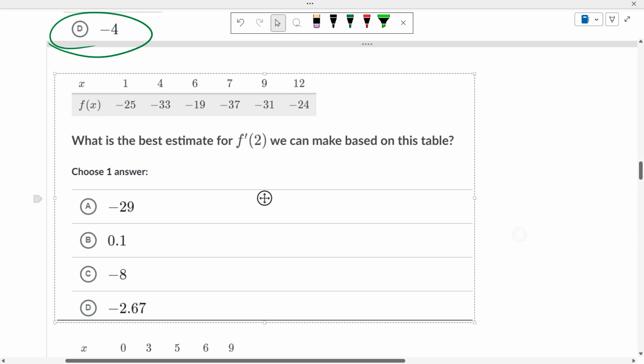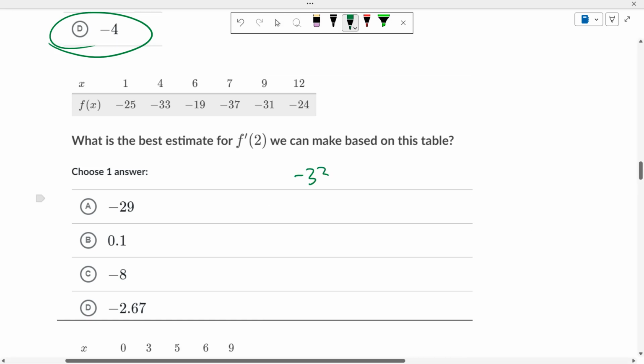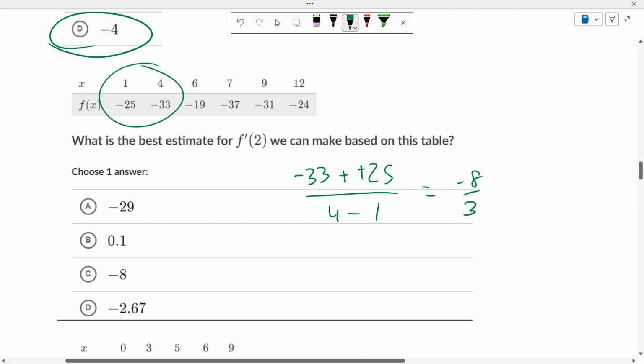So we just find the slope between 1 and 4. So we take -33 minus -25 over 4 minus 1. Okay, y2 minus y1 over x2 minus x1 is slope, so -8 over 3 is -2.67.